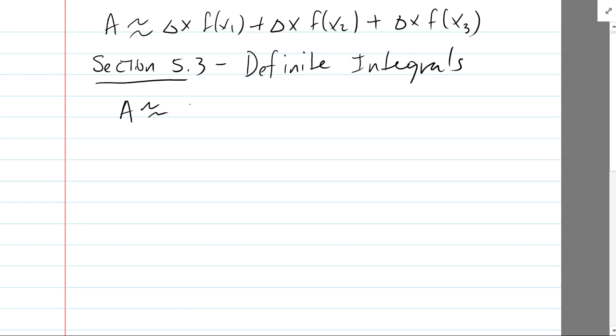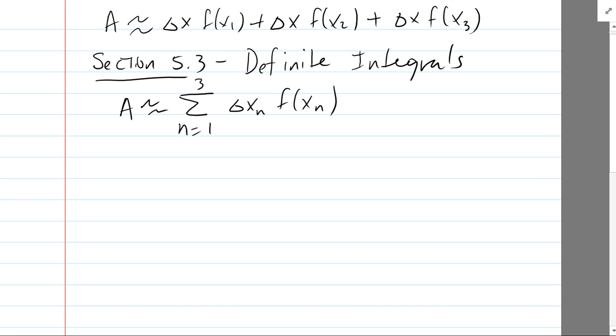The area is approximately, if we do a summation going from 1 to 3 rectangles, then delta x, and we're going to say n because it doesn't have to be all the same. We did ours all the same to make it easier to program, right? But it doesn't have to be. And then it's the f of x sub n that you choose.